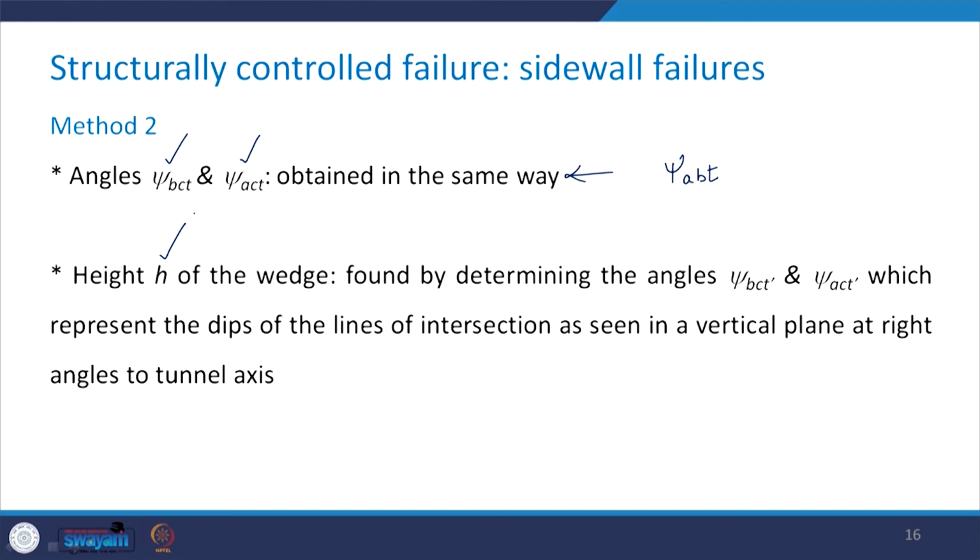So this is obtained by determining the angles psi BCT prime and psi ACT prime, which represent the dips of the line of intersection as it is seen in a vertical plane at right angles to the tunnel axis. That is why a prime has been added, because these are the angles seen in a vertical plane at right angles to the tunnel axis.